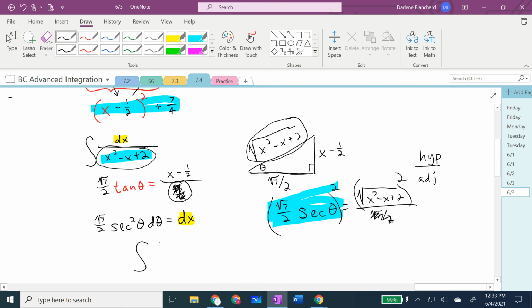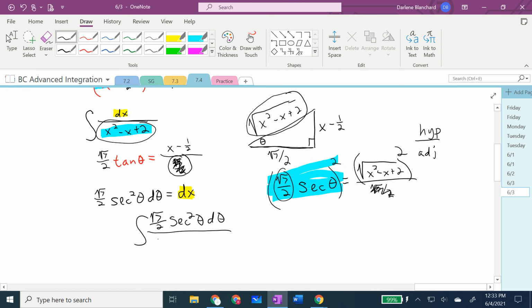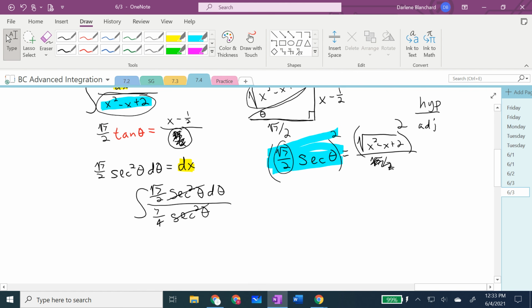And now my integral is the square root of 7 over 2 times secant squared theta d theta divided by, and if I square this number, that will be 7 over 4 times secant squared theta, cancellation, and then with the numbers, actually it might have been easier if I had left it as just root 7 over 2 quantity squared, because then I can see that I cancel one of them.